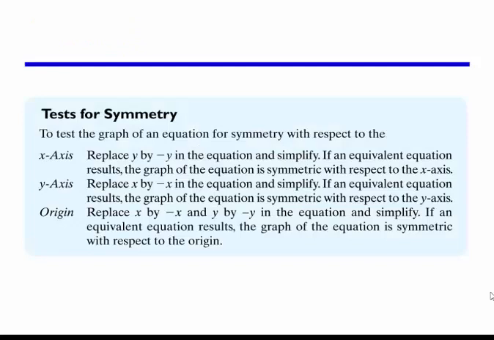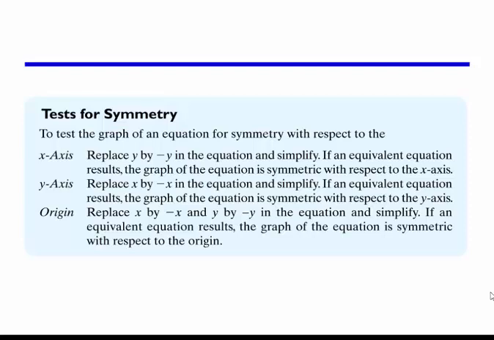So how do you test for symmetry? There are 3 steps. For the x-axis, you replace y by -y in the equation and you simplify. If an equivalent equation results, then the graph of the equation is symmetric with respect to the x-axis. For the y-axis, you replace x with -x in the equation and you simplify. If an equivalent equation results, then the graph of the equation is symmetric with respect to the y-axis.